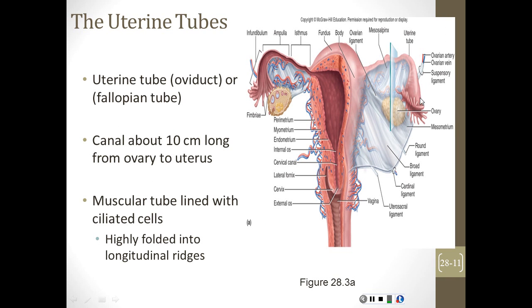So here's our very broad ligament, and this is the one that flanks. When I say flanks, it basically holds it in place, and then it encloses the uterine tube. So here it is flanking the uterus, and it's going to wrap right around the uterine tube, just in that superior margin, the top.